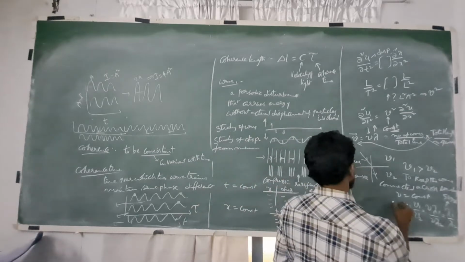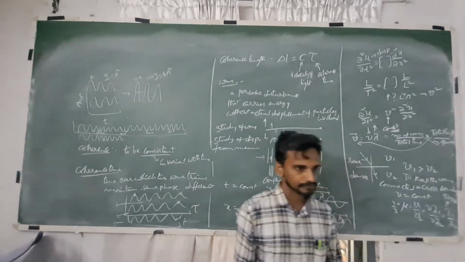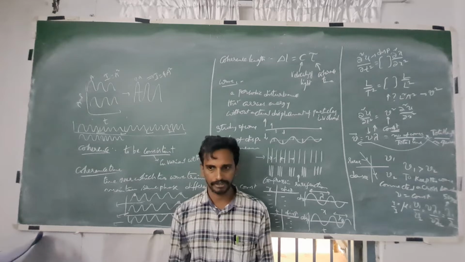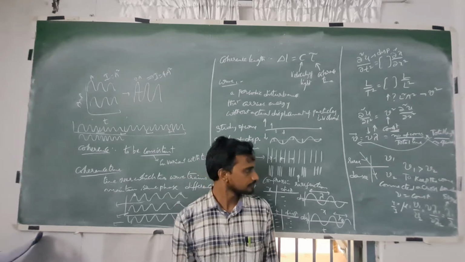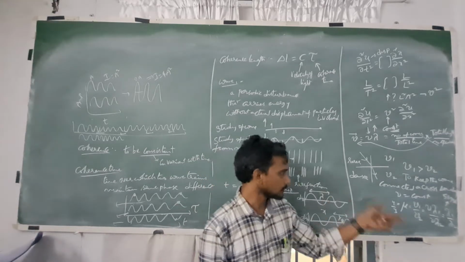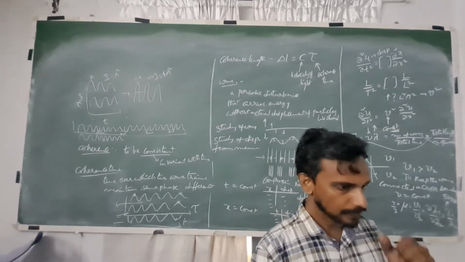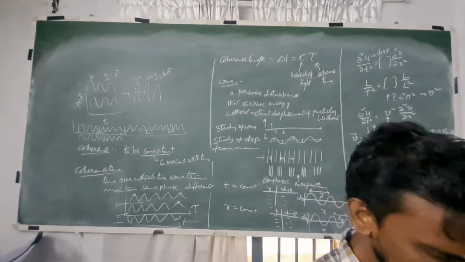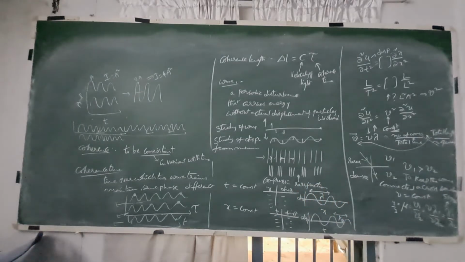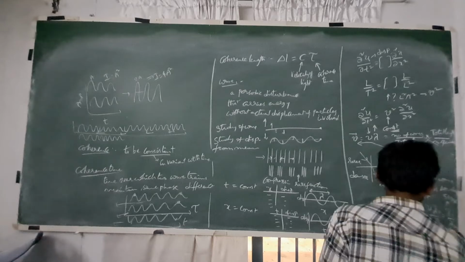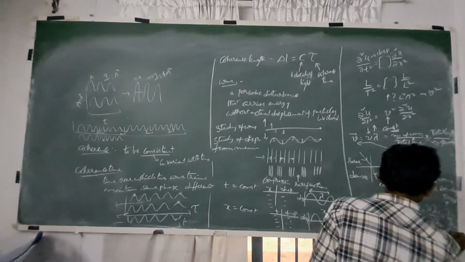For water, mu is 1.3. So what is lambda 2? Do it in your notes. So it is 4420.